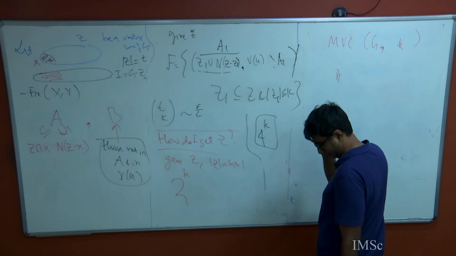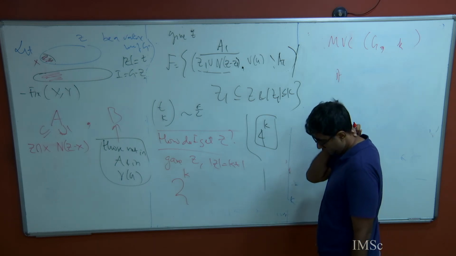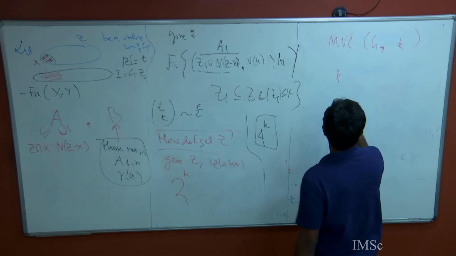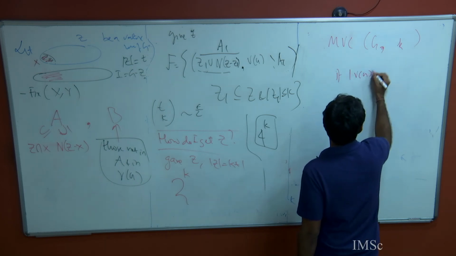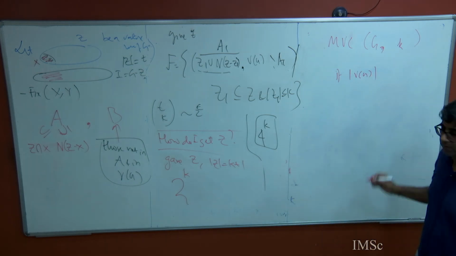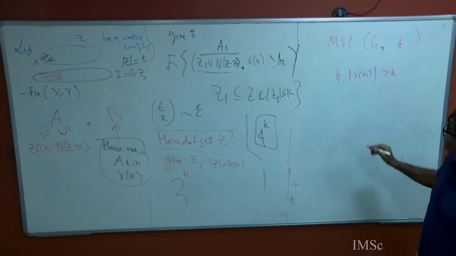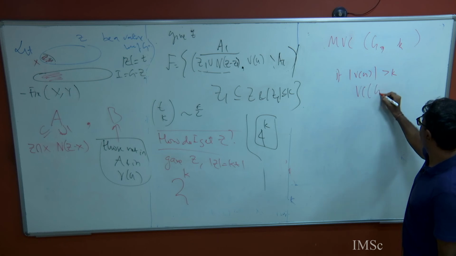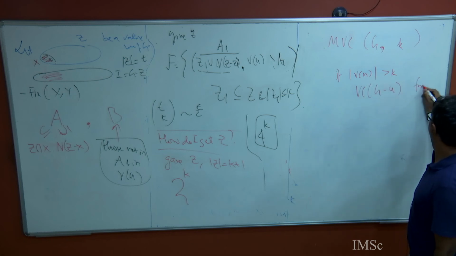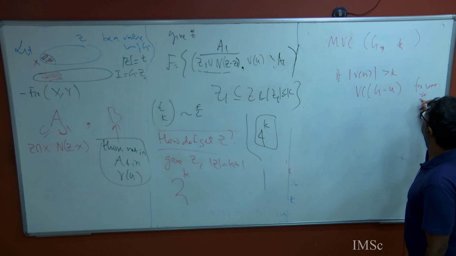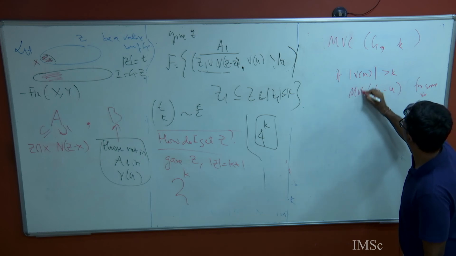If the vertex set of G is more than k, then VC is G minus U for some MVC.